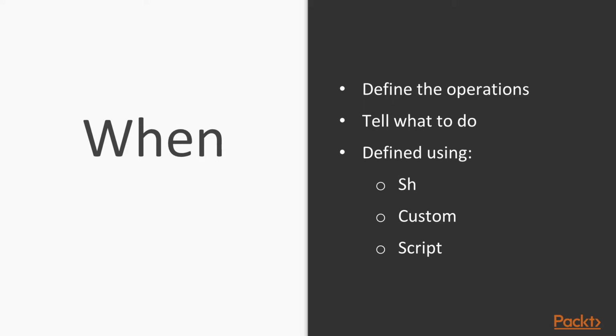Steps are the most fundamental part of the pipeline. They define the operations that are executed, so they actually tell Jenkins what to do. They are defined using sh, custom, and script. sh executes the shell command.